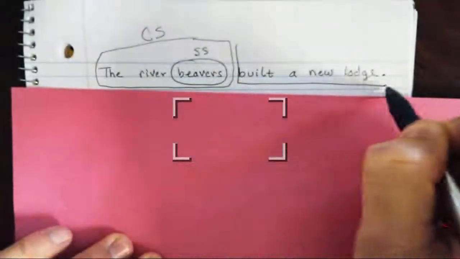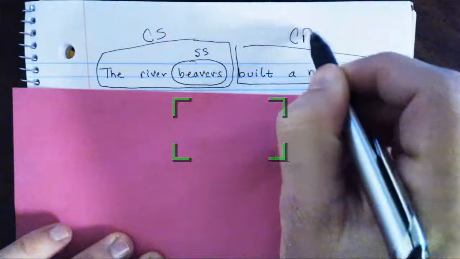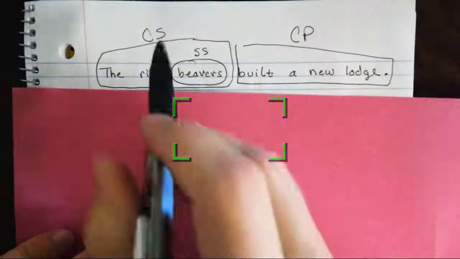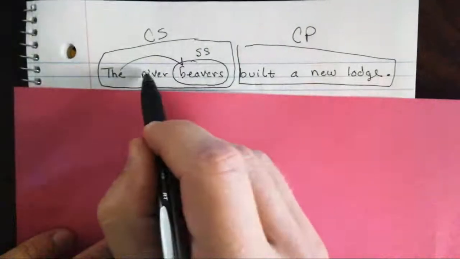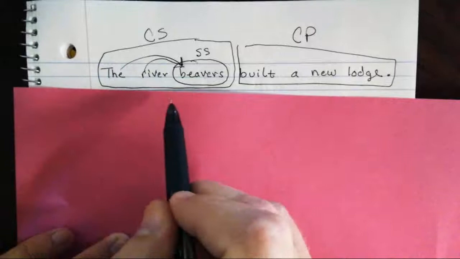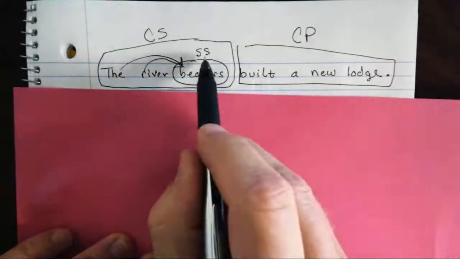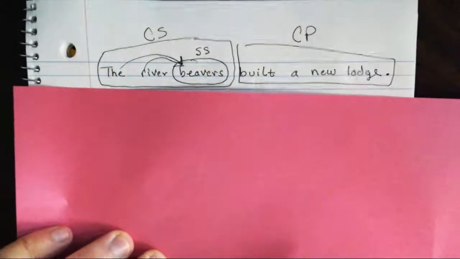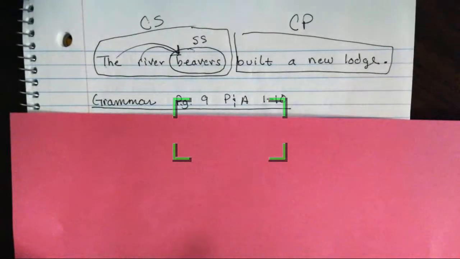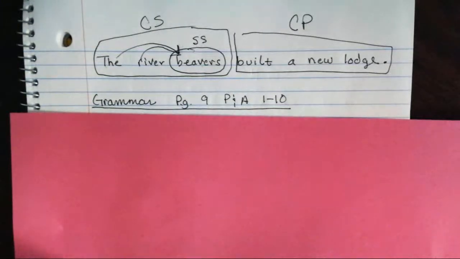This is the complete subject, and this is the complete predicate. But within the complete subject, we have the simple subject. All of these words describe beavers. What type of beavers? The beavers. What type of beavers? The river beavers. So simple subject, beavers. Alright, on your paper, go ahead and write down grammar, page 9, practice and apply, 1 through 10. The PA means practice and apply.